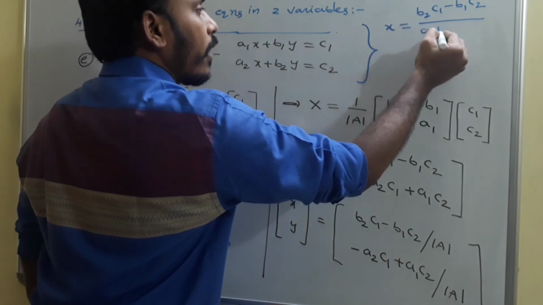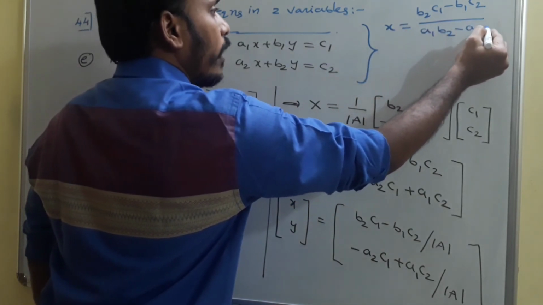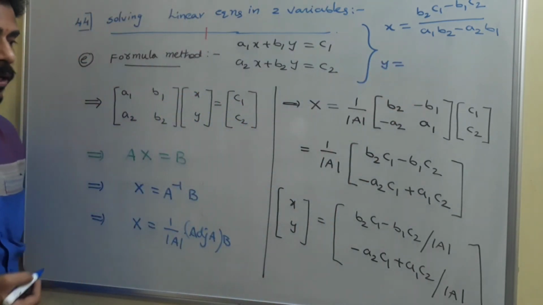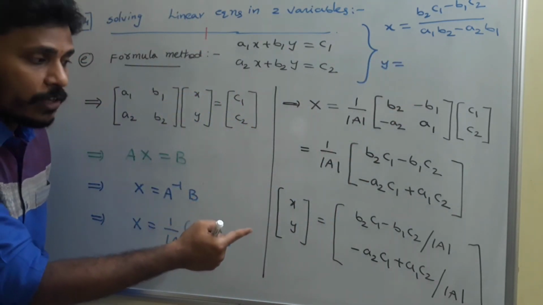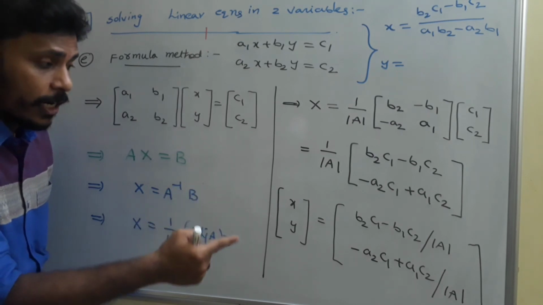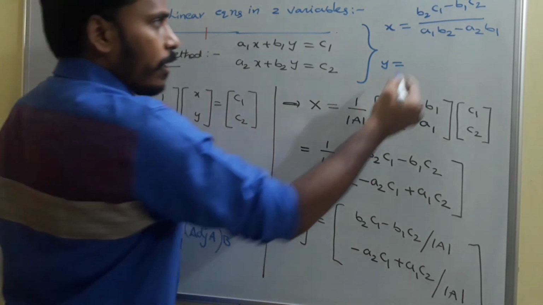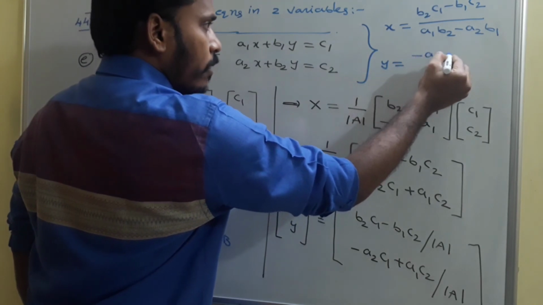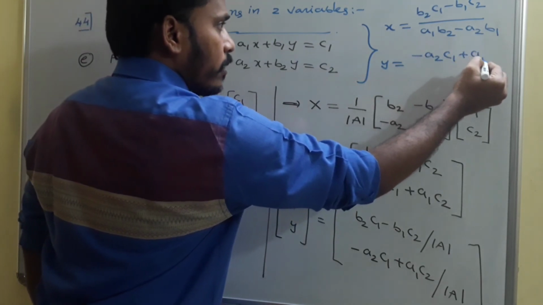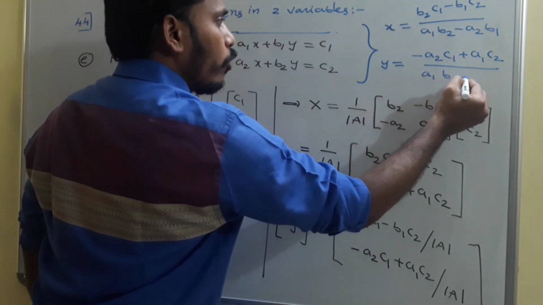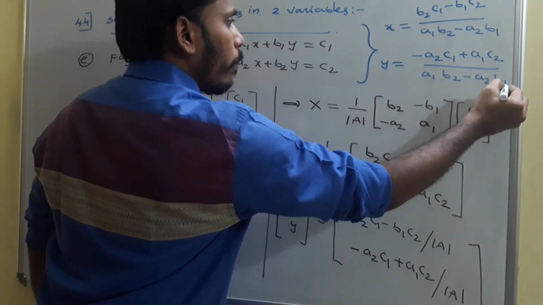We will write it like this: A1 B2 minus A2 B1. And Y is minus A2 C1 plus A1 C2 divided by determinant of A. The same thing we write like this: minus A2 C1 plus A1 C2 divided by A1 B2 minus A2 B1.